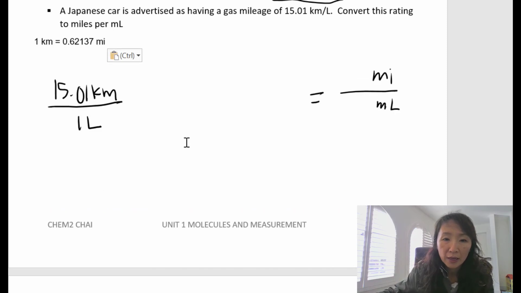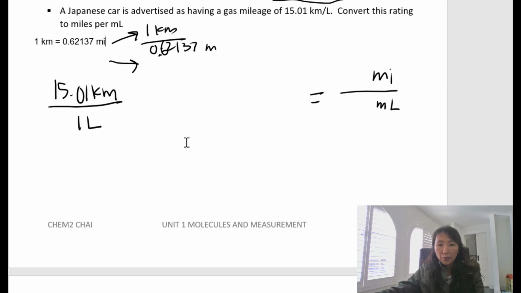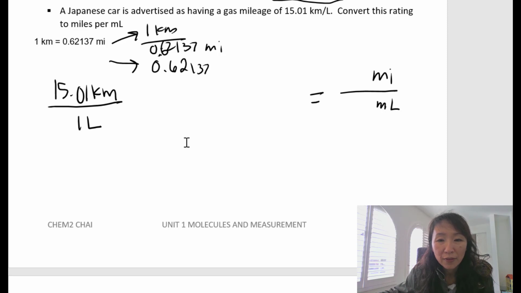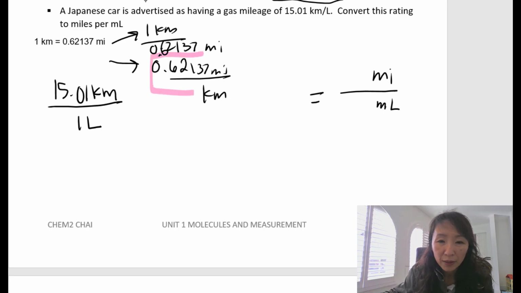We can say that 1 kilometer is equal to 0.62137 miles, all over kilometers. And which one are we going to use? Hopefully you were able to say we're going to use this one because we can get the kilometers to cancel out. So we're going to go ahead and put that there.